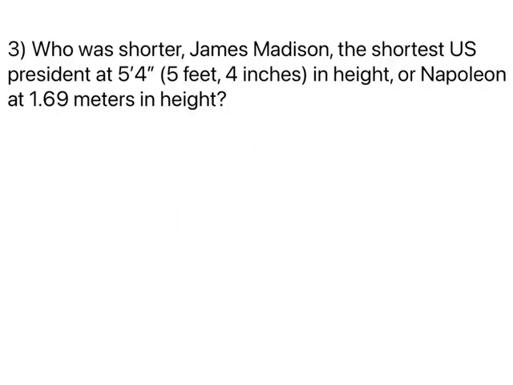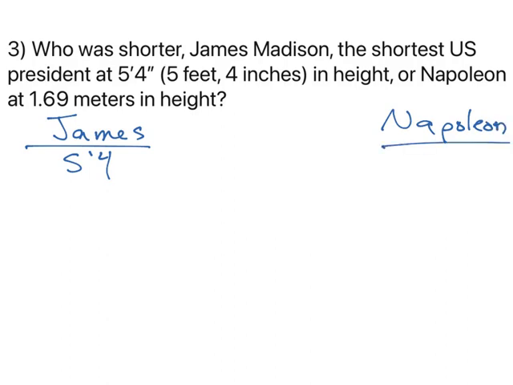Number 3, who was shorter? James Madison, the shortest U.S. president at 5'4", or Napoleon at 1.69 meters in height. Now, we need to convert either both of these to inches or both to meters. So we've got James Madison, who is 5'4", and we have Napoleon, who is 1.69 meters.